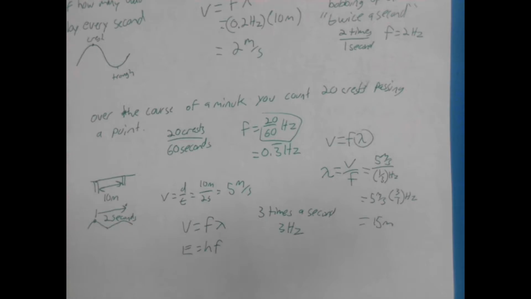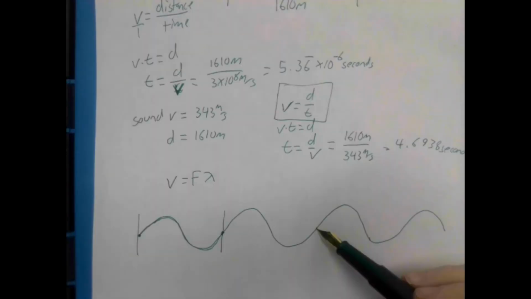How many waves is that? So if we were to start here, go around, this is the next identical point. So this is one wave. Continue it right here. That's another wave. Continue it right here. It's another wave.